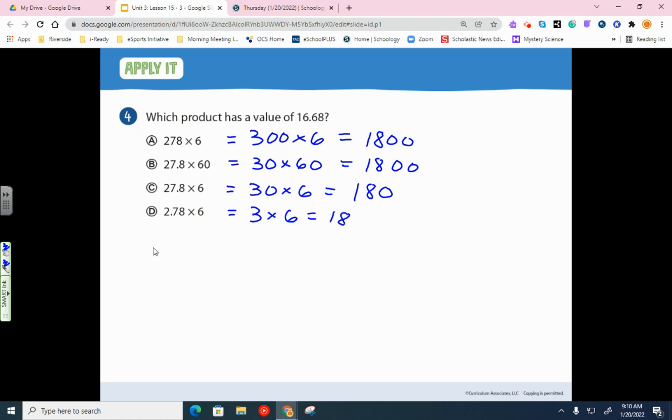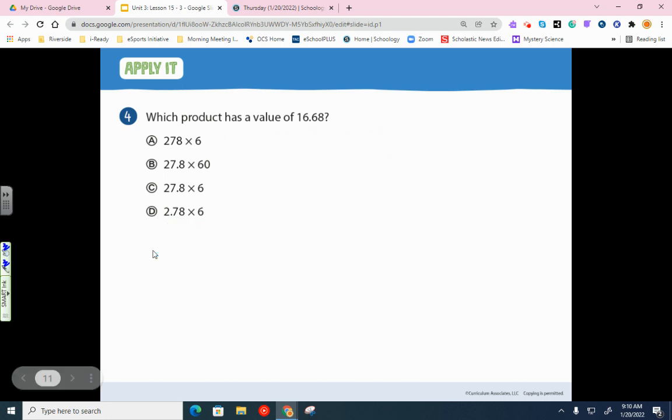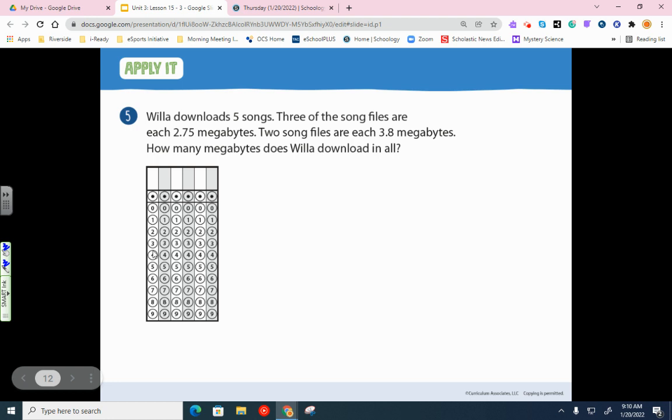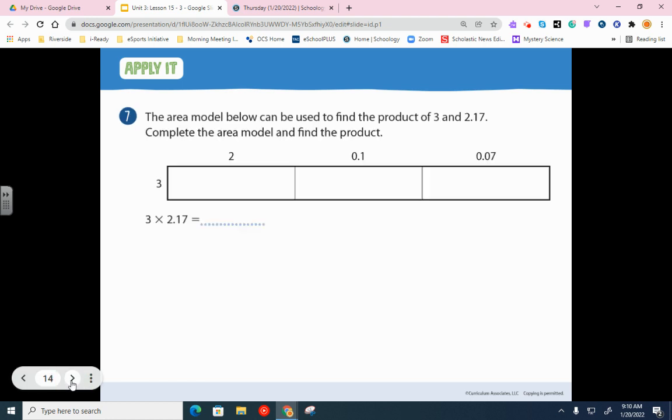So by estimating and changing these numbers to ones that are much easier to work with, it's pretty clear that D is our answer. And estimation is your friend with multiplication. We're skipping 5 and we're skipping 6. And let's move on to 7.